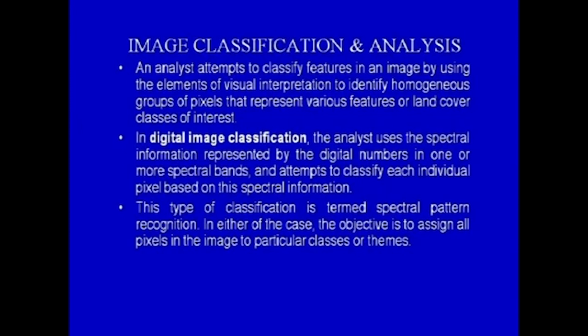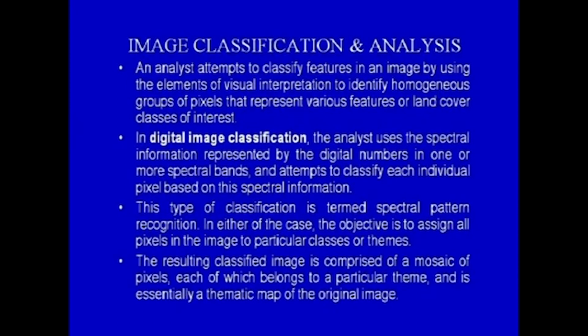In either of the case, that is visual or digital, the object is to assign all pixels in the image to particular classes or themes. The resulting classified image is comprised of a mosaic of pixels, each of which belong to a particular theme and is essentially a thematic map of the original image.